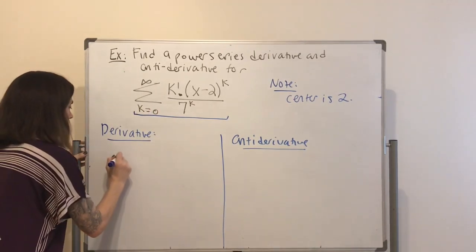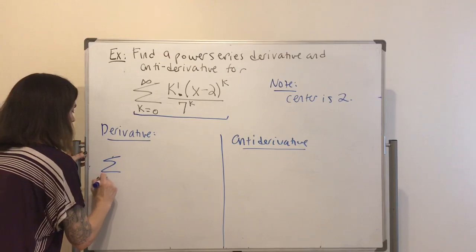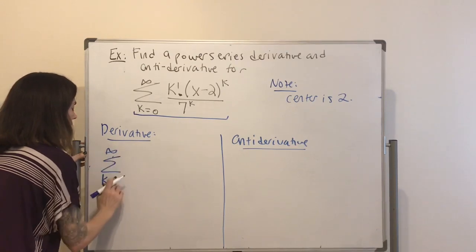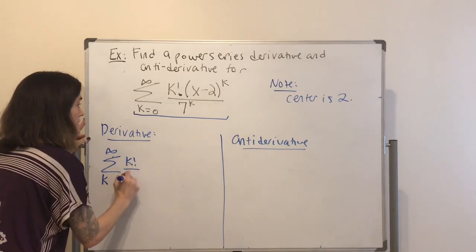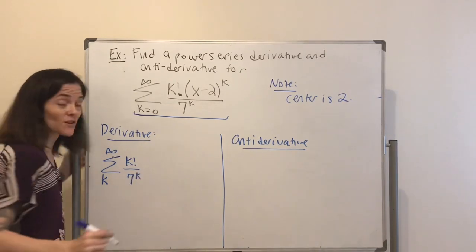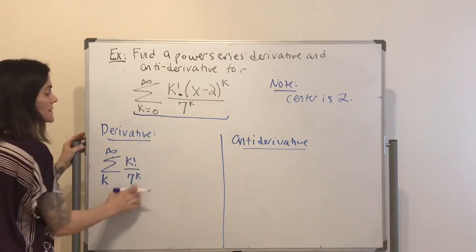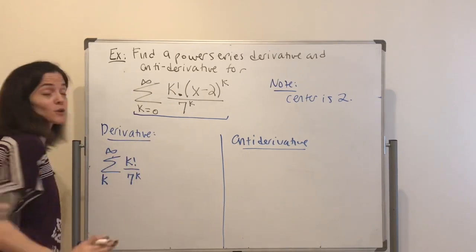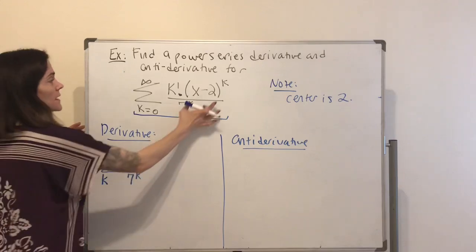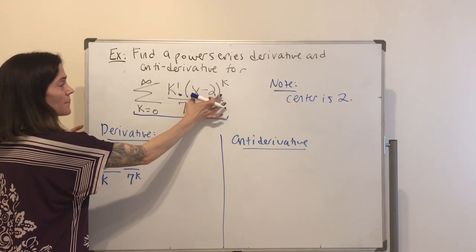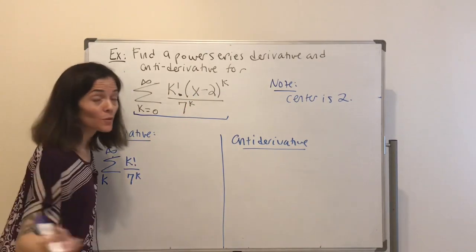Okay, so here, derivative. The k factorial over 7 to the k, these are the coefficients. In fact, you can just write them down, just their numbers with respect to x. And then here is my power rule.